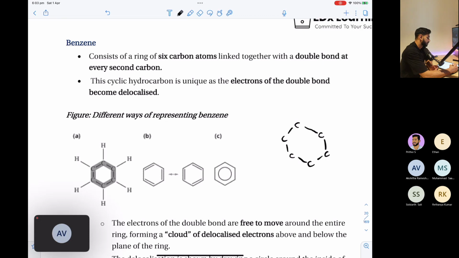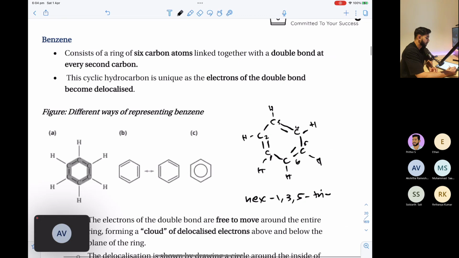Well, this is technically the structure of benzene, what I'm drawing in front of you here: 1, 2, 3, 4, H, H, H, H, H. So you could probably argue, isn't this just 1, 2, 3, 4, 5, 6 hexa-1,3,5-triene? Can't we just call it this compound? The answer is no, not at all. That's a completely different compound.